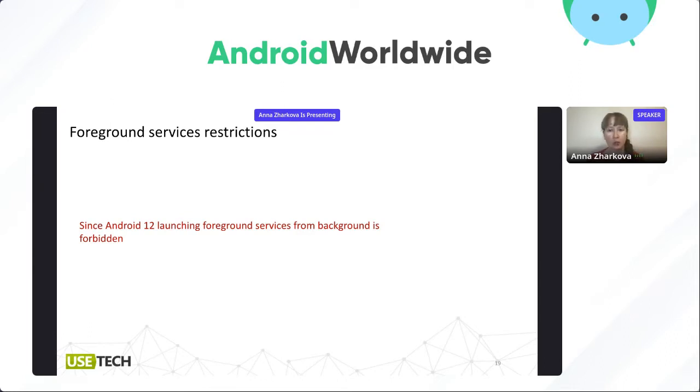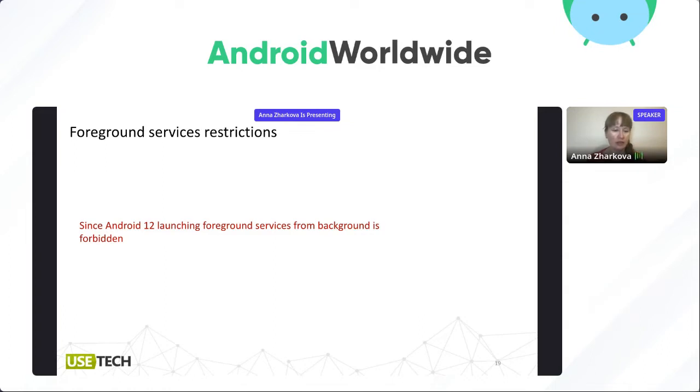Even when my service was launched from the foreground, it could be killed by the system because of memory safety, even when I disabled doze mode and all the permissions were given. So from Android 12, launching foreground services from the background is forbidden.